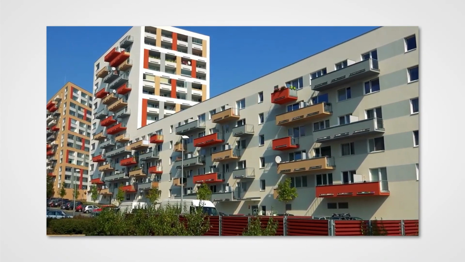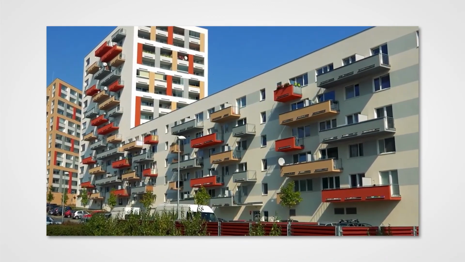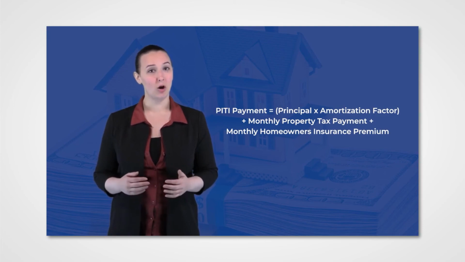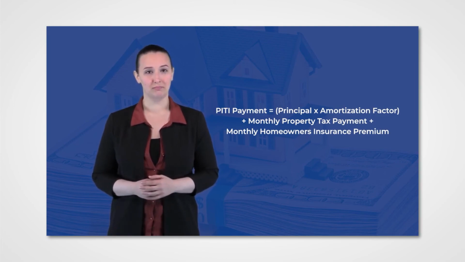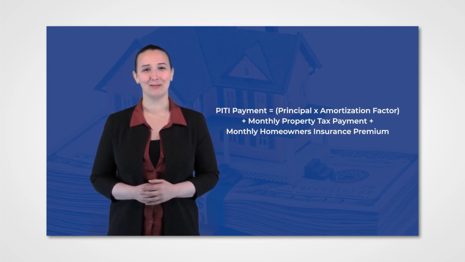The purpose of a PITI payment is to ensure that the borrower is covering all the major expenses associated with a property. And the formula for the PITI payment is the monthly loan payment plus monthly property tax payment plus monthly homeowner's insurance premium equals the PITI payment. The formula can also be written like this.